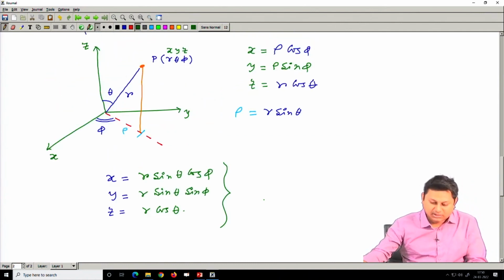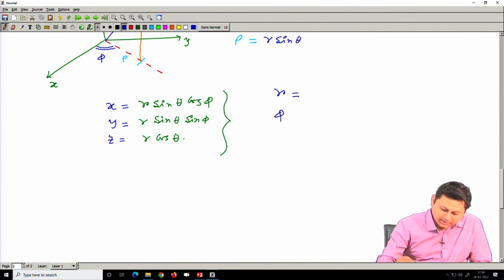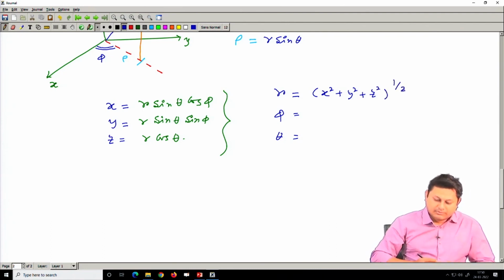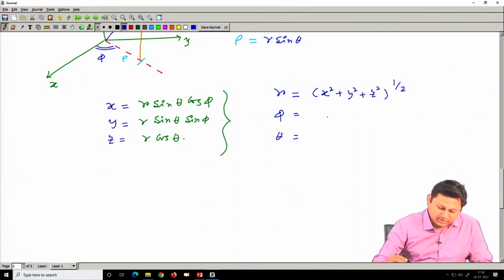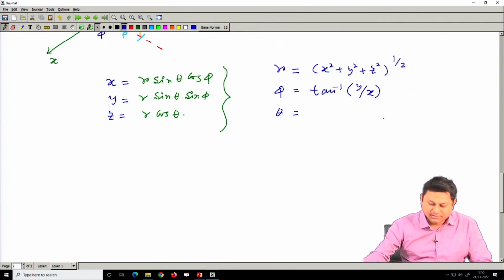We can also have it the other way; let me write it. What is r, what is phi, and what is theta in terms of x, y, z? R is simply x square plus y square plus z square, whole to the power half. Phi is tan inverse of y by x, like we had in the cylindrical system.